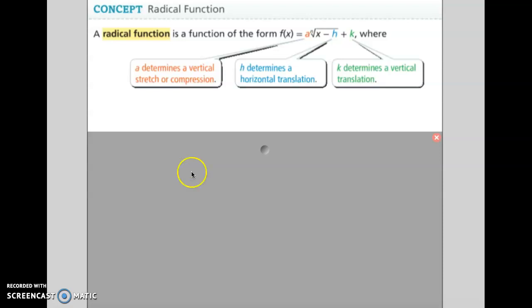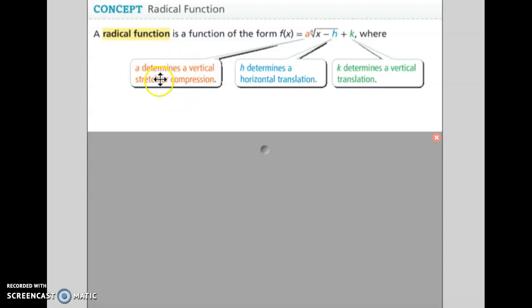So really, this is all the different numbers that can go to the parent function, the square root of x or the nth root of x. That's going to either move it vertically, horizontally, or vertical stretches and compressions. We're not going to be graphing them with vertical stretches and compressions, but we should be able to identify vertical stretches and compressions.